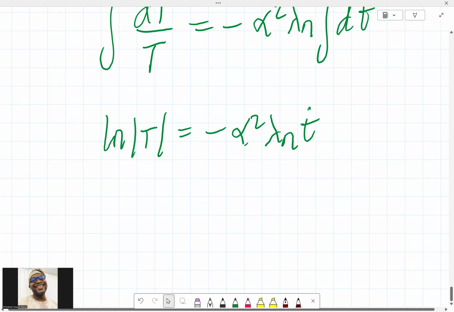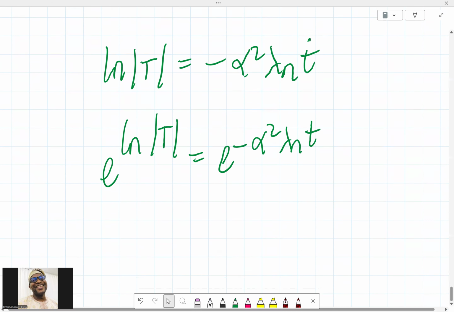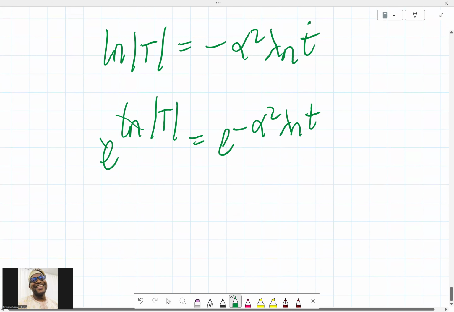If we want to get rid of the ln, we take the exponent: ln absolute value of T equals, exponent of minus alpha squared lambda n t. And with that, this just cancels it, so T just comes down. So T will now be Tn of t.